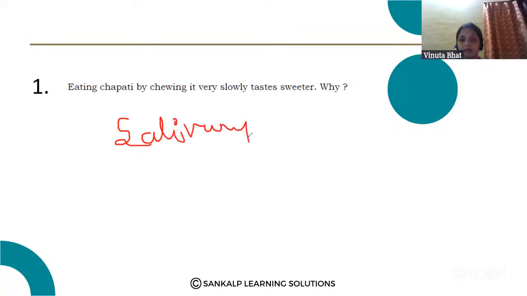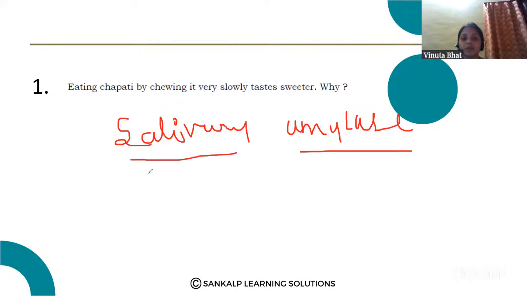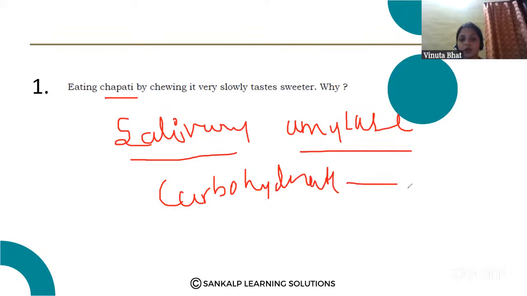Salivary amylase enzyme is there. This enzyme helps to break down the carbohydrate or starch present in the chapati into sugars.